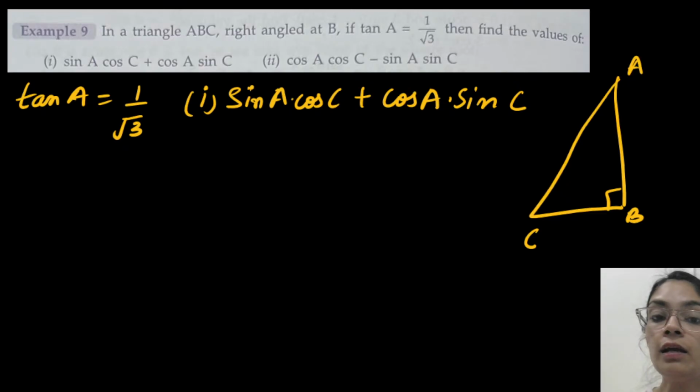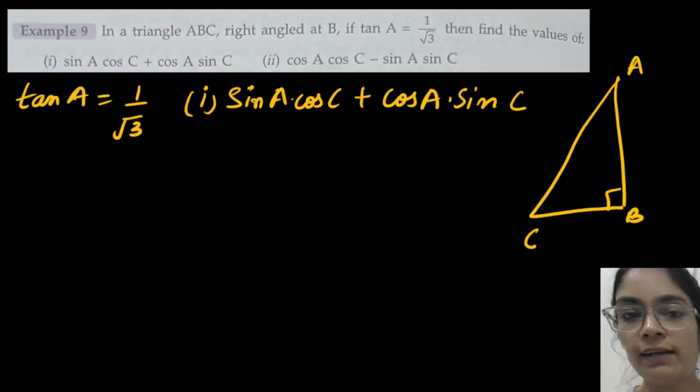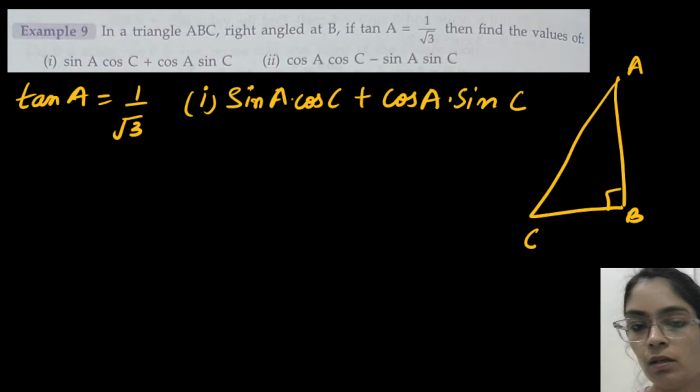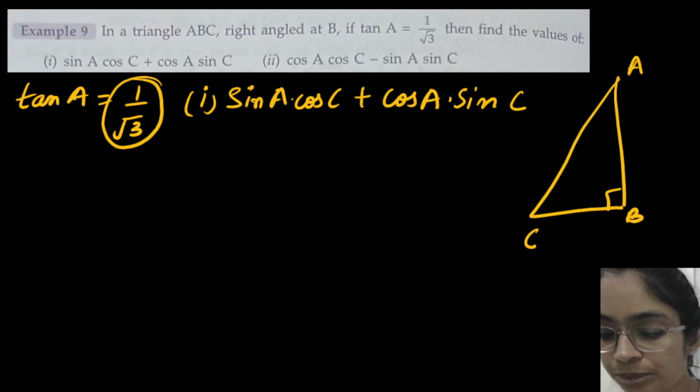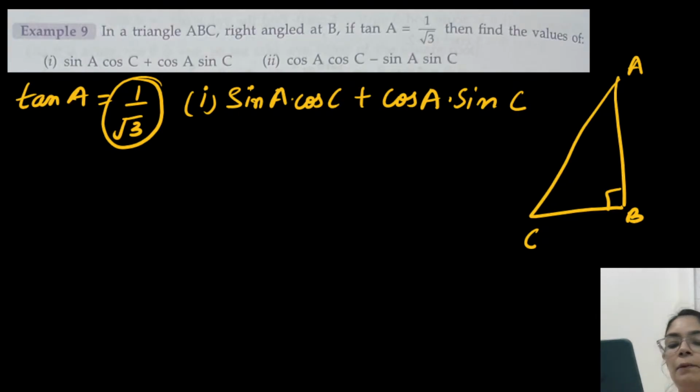But here we can't use the direct identity, because in ninth class we just have to follow the process. Yes, and here it's given to us tan A is 1 by root 3. Why can we not use the identity?